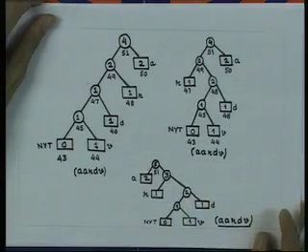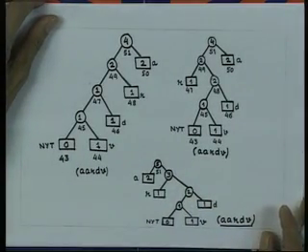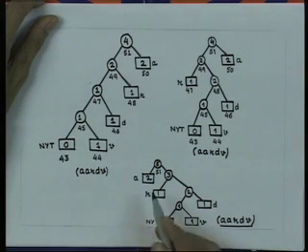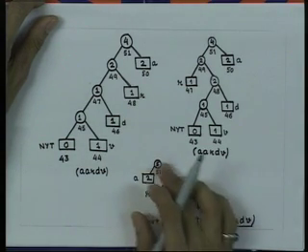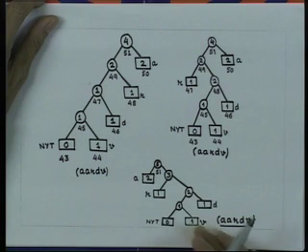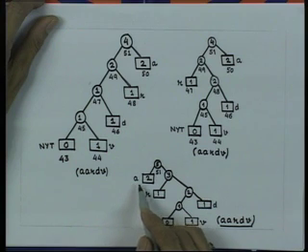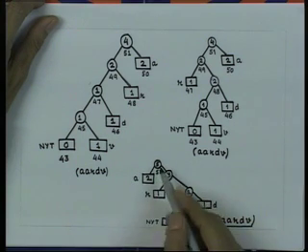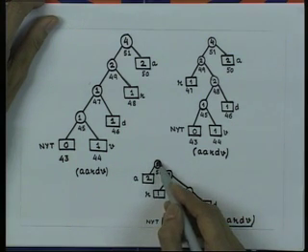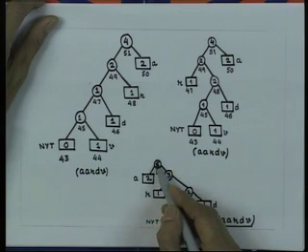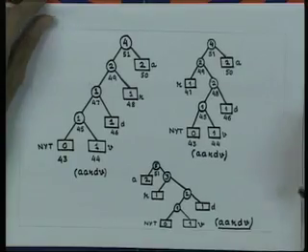Now, the next letter to be transmitted is A. If you look at this tree structure, A has already occurred. So, the code word for the letter A in this tree is given by traversing from the root to the leaf node corresponding to A, and in this case it would be 0.